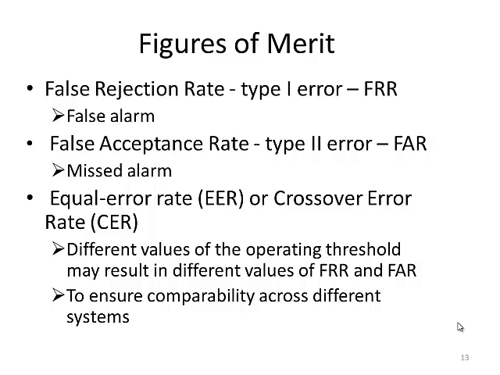False acceptance rate is where the person is not the real person but is authenticated. Equal error rate or crossover rate is where different values of operating threshold may result in different values of FRR and FAR. So we need to keep FRR and FAR as minimum as possible in any scenario of keystroke.